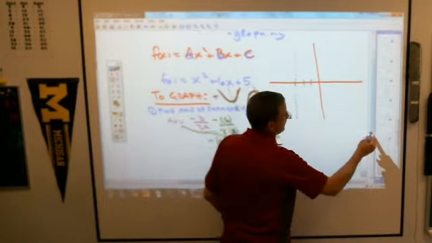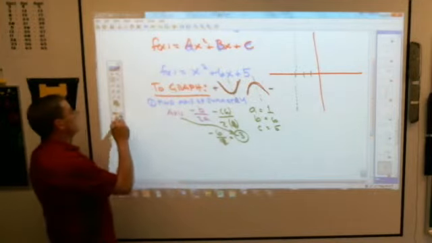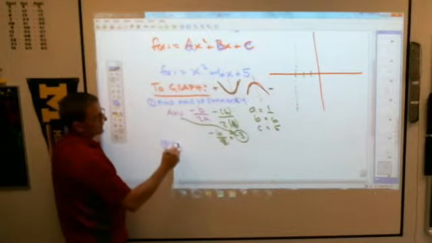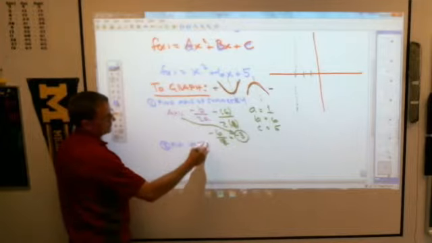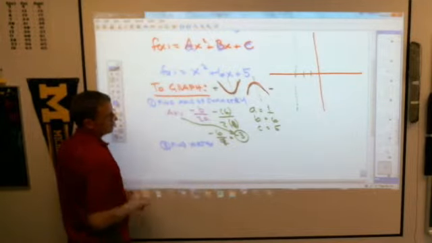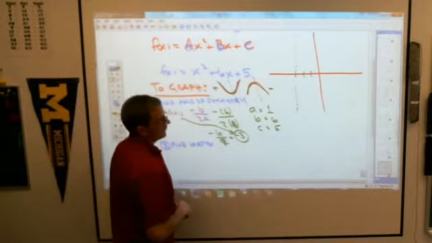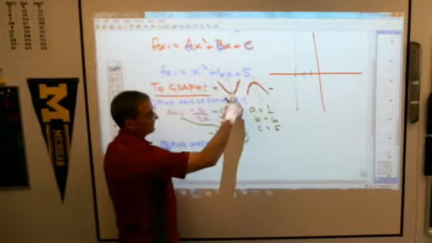What's next? Once you find your axis of symmetry, step number 2 is you need to find your vertex, which is the point at which the parabola comes to. In this case, we are going to have what we call a minimum, because it goes down. It goes forever up.